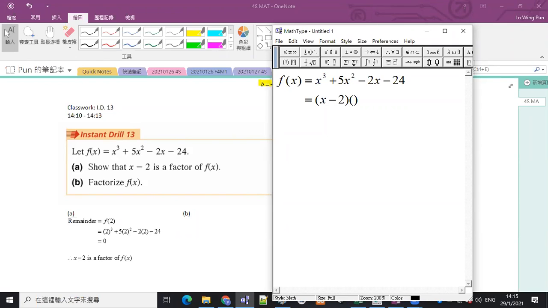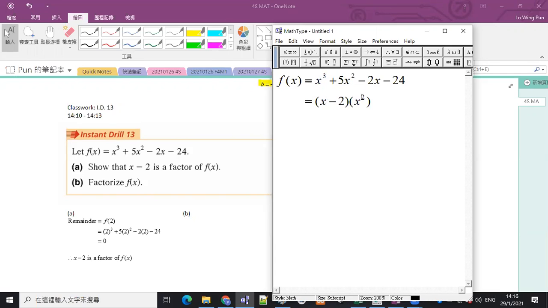For method 2, it is now a degree 3 polynomial, and we have taken out a degree 1 factor, so the other bracket is degree 2. Degree 2 has an x squared term, an x term and a constant term. The square term must be 1x squared, because I need to multiply x squared with x to get x cubed.